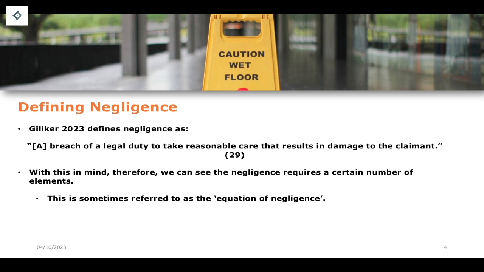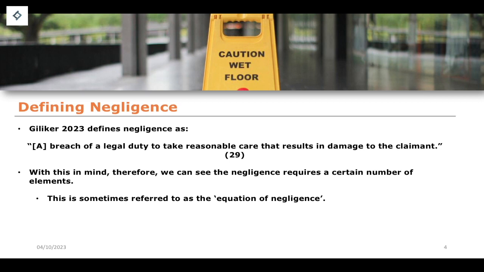But the beginning here is a breach of a legal duty to take reasonable care. This encompasses two fundamental elements, the first two elements of the equation of negligence. The legal duty to take reasonable care is the first element of negligence, the first requirement. You need to show, if you are going to have a successful negligence claim, that there was a legal duty of care.